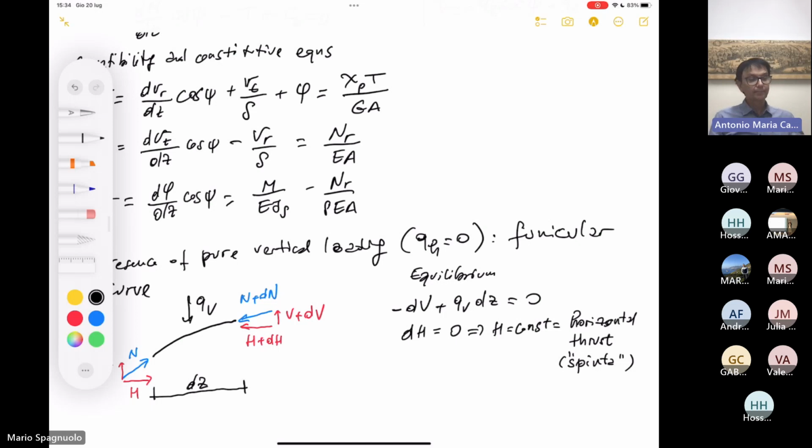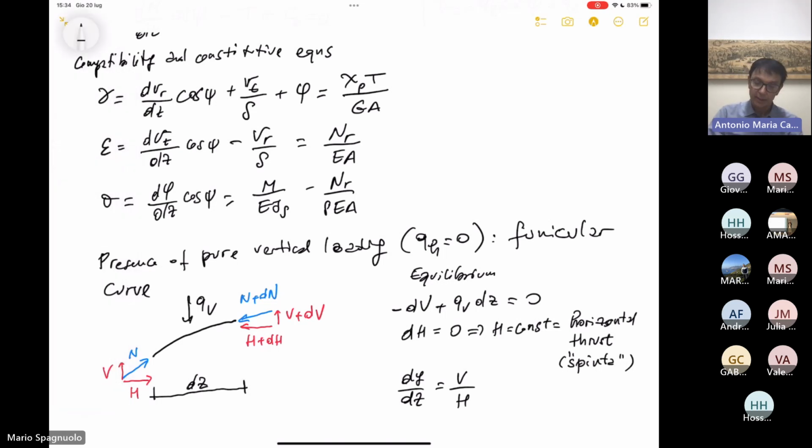On the other hand, we see simply that dy over dz is equal, by geometry, to V over H, because V is basically a line with the y axis and H with the horizontal axis.